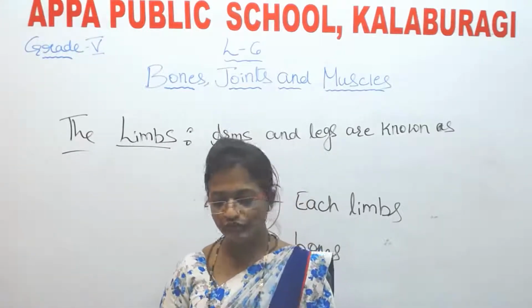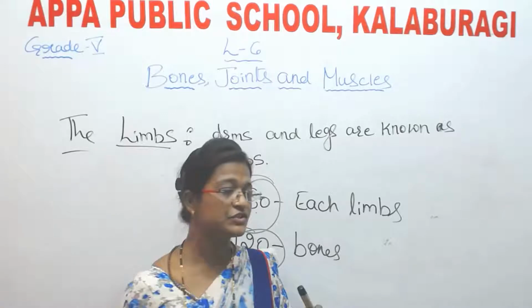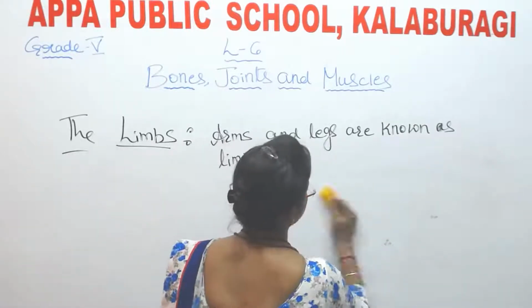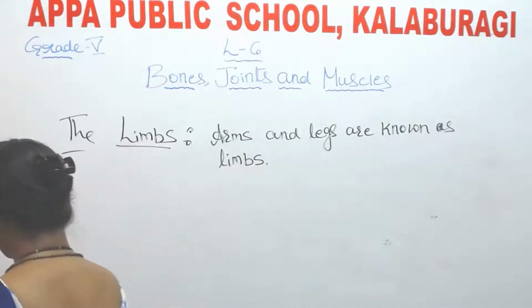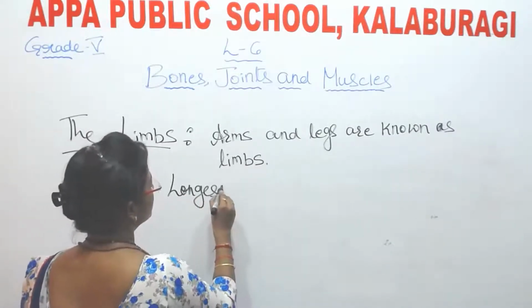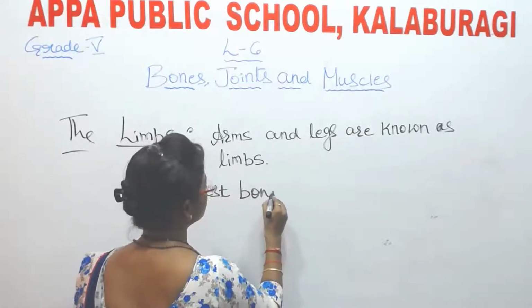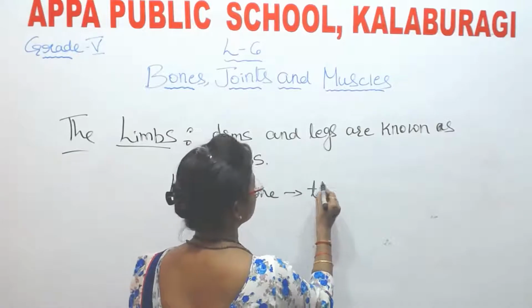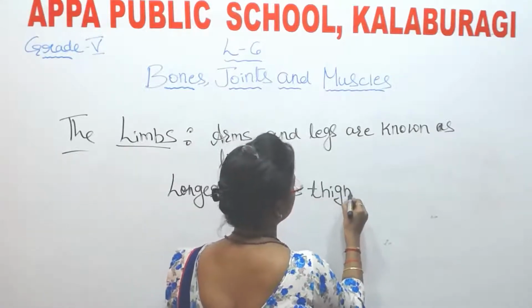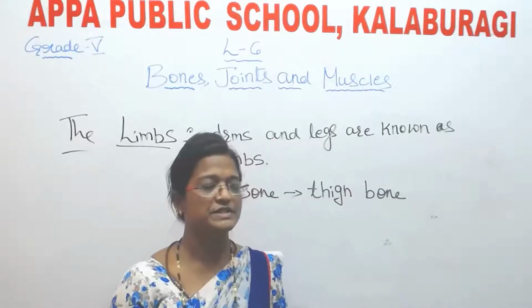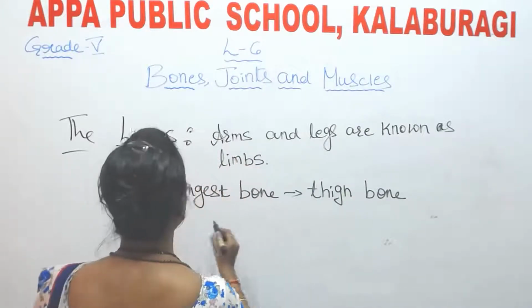Do you know which is the longest bone and which is the shortest, the smallest bone? Let me tell you. The longest bone is present in our leg, that is the thigh bone.